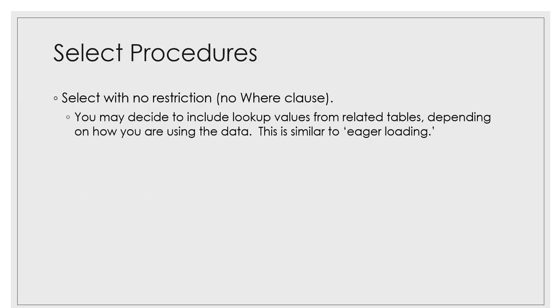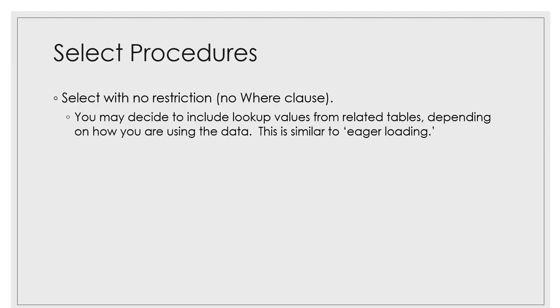Okay. So in terms of the select procedures, I kind of went over this quickly, but to break it down, select with no restriction, no where clause, so you might just go select all the data, right? By the way, what we'll often do is instead of going directly to a table, our selects will be based on a view, especially if there are related entities.